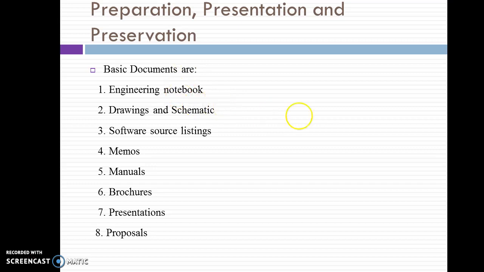There are different methods for preparation, presentation and preservation of documents. Here we can quickly see different methods: engineering notebooks, drawings, schematics, software source listings, memos, manuals, brochures, presentations, proposals.